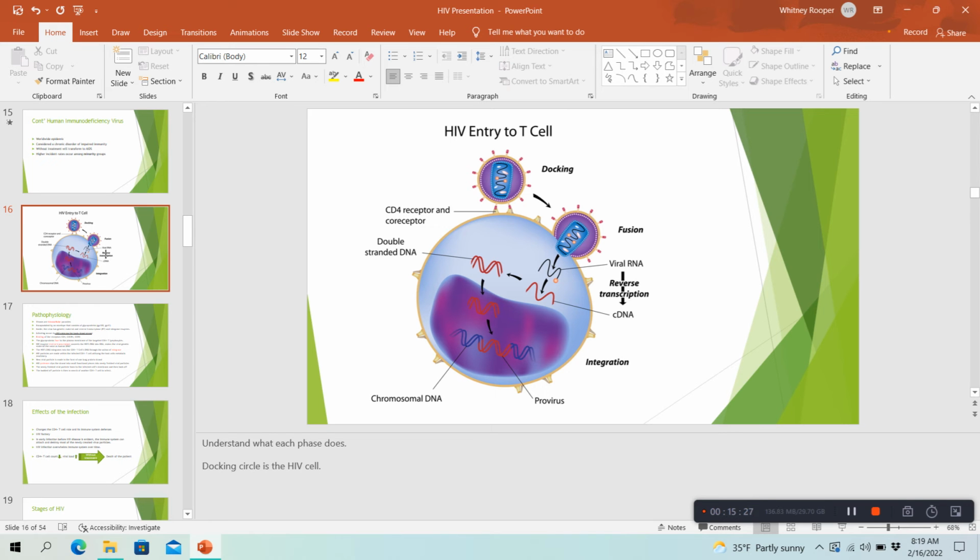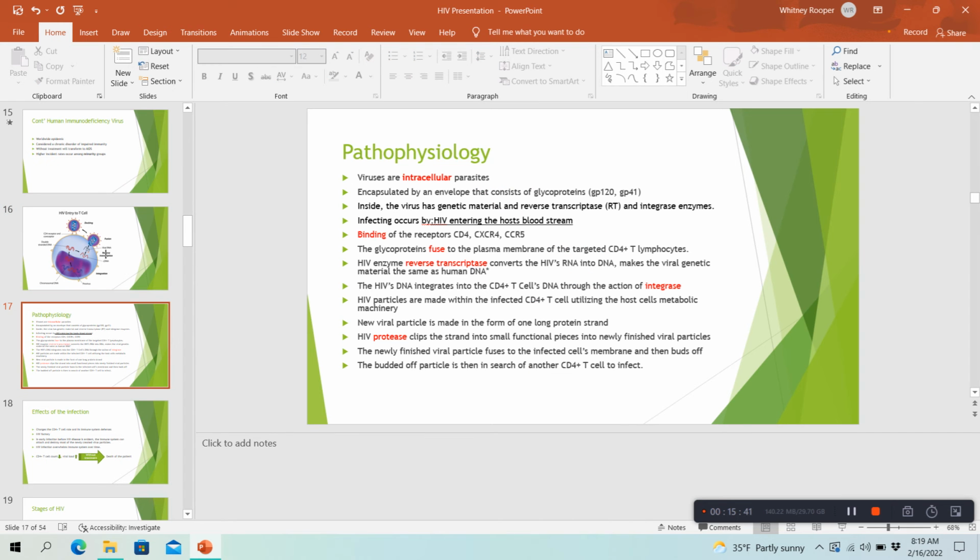It's the protein, also referred to as spike proteins. That's what you see when you're looking at it under microscopes. Inside the virus, it contains its own genetic material and reverse transcriptase. It has RNA; it doesn't have DNA.